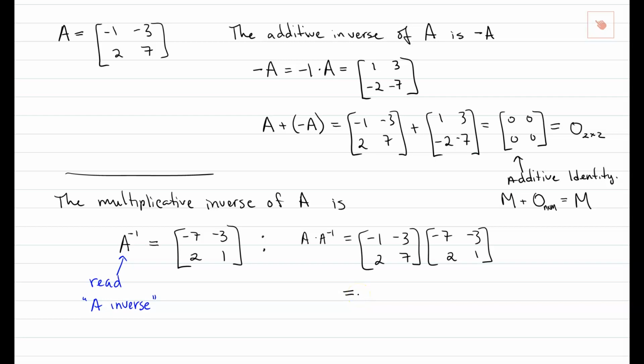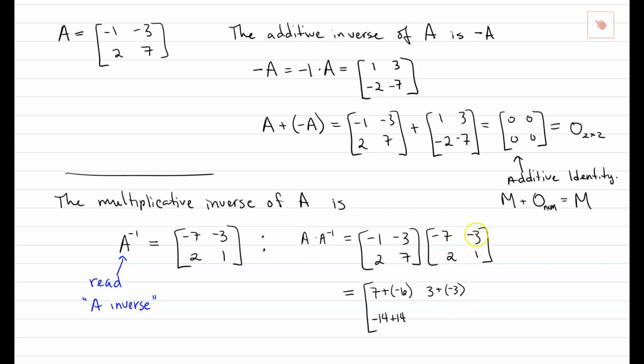So if we use the multiplication algorithm for two matrices and multiply this out, you can check. You'll have -1 times -7, that's +7, -3 times 2, so this will be plus -6. For the next entry here, we'll have 3 plus -3. And for the 2,1 entry, we'll have -14 plus 14.